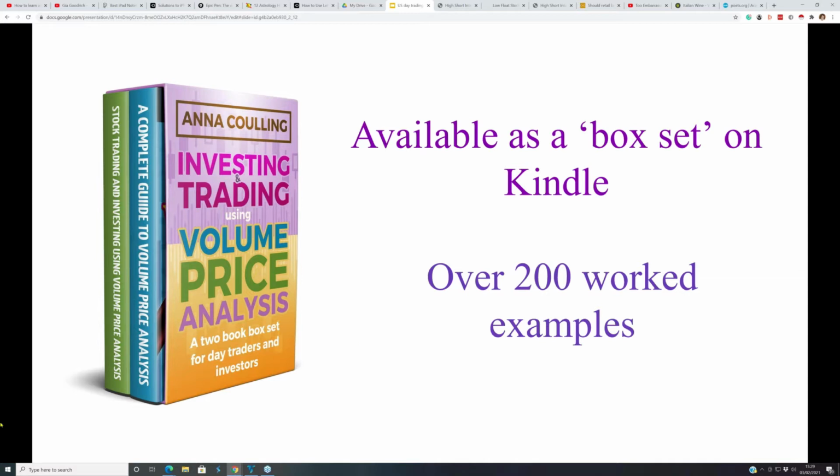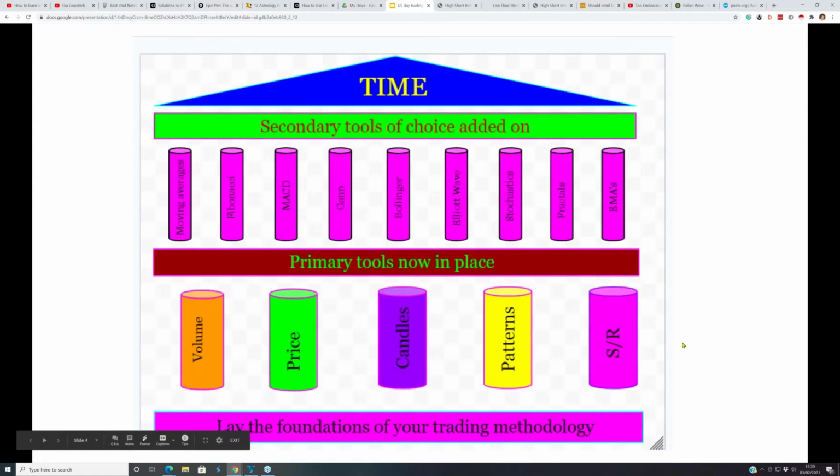There is also a Forex version as well, but I know some of you have seen this little schematic before. The methodology that we have down here: volume, price, we use candles and candle patterns, and support and resistance. We look at price-based support and resistance, and we look at volume-based support and resistance. Once you really get to grips with this foundation, on top of that we have our own proprietary indicators, but you may use your own, which I know some of you already have, you've invested in them.